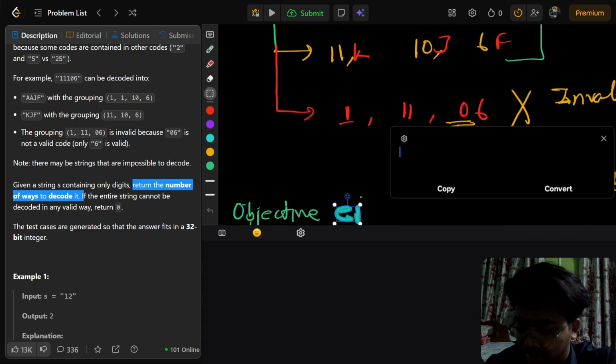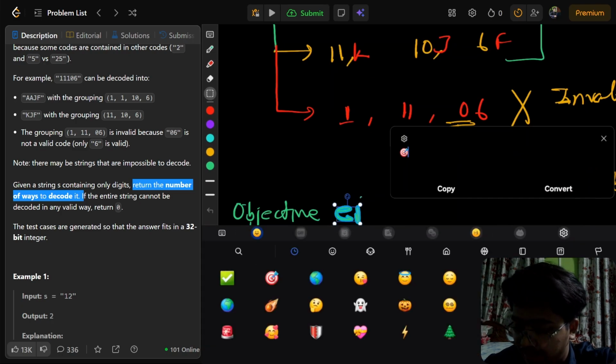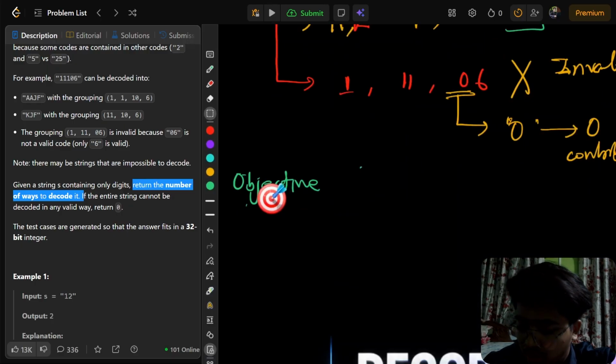Actually, I like using some goal type of thing so that we can understand better what the objective is. We are marking it like this, that this is the objective, an important portion.